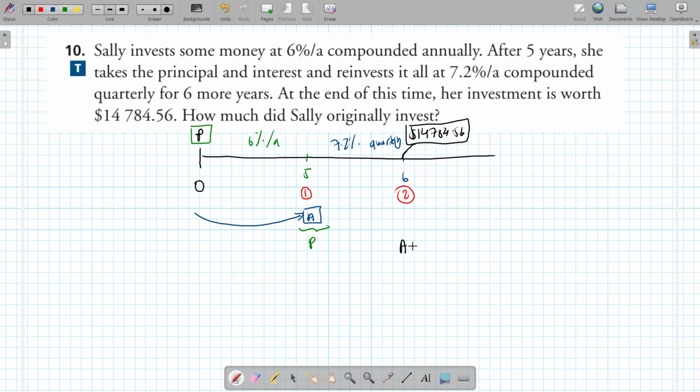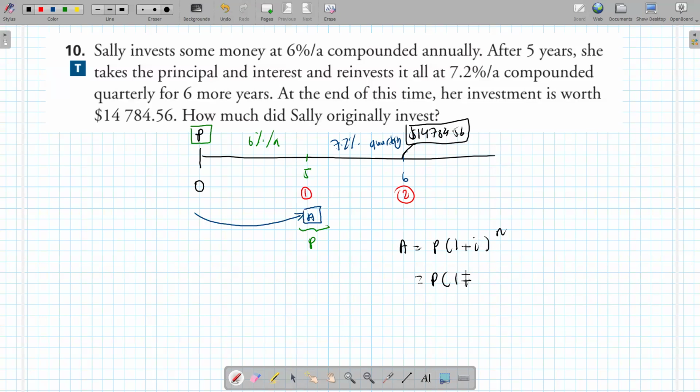So A is P(1 plus i) to the power of n. Now it's been compounded annually, so we're going to have to change these. Principal, we don't know. This is the unknown.